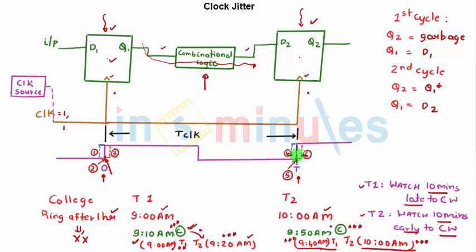However, this clock is coming from a clock source, which is a PLL, and we expect this PLL to give us the clock at time equal to 0 and time equal to t, which is not practically possible because the PLL is made on a real chip, correct?